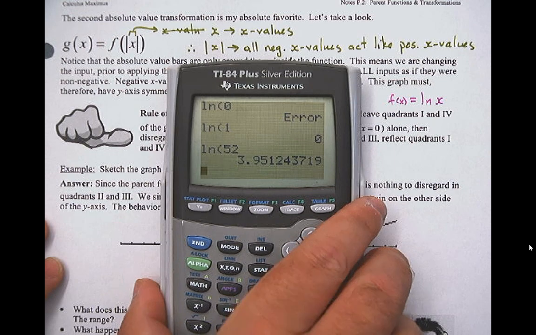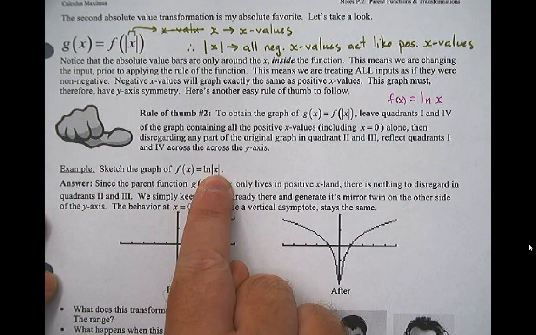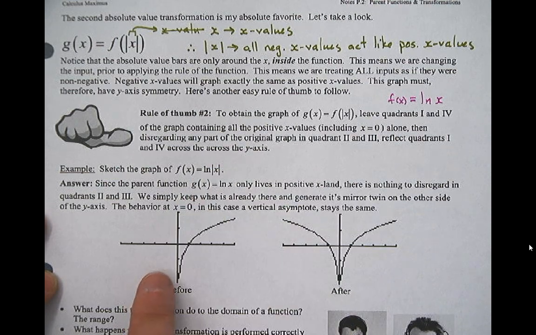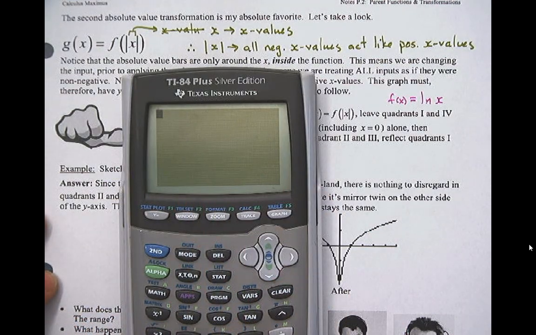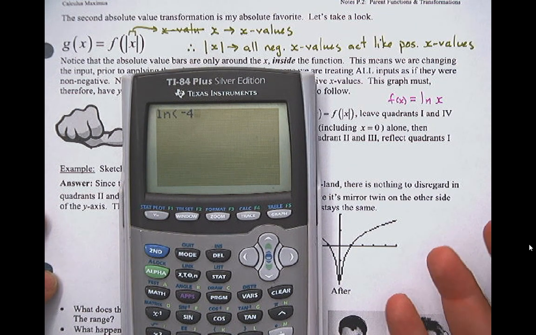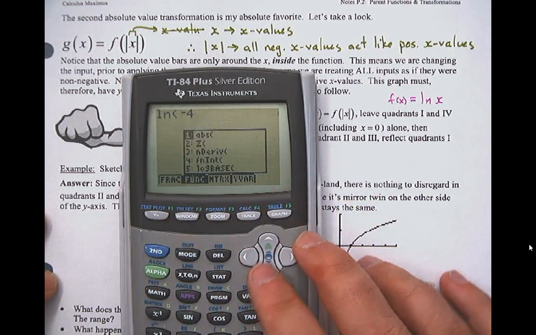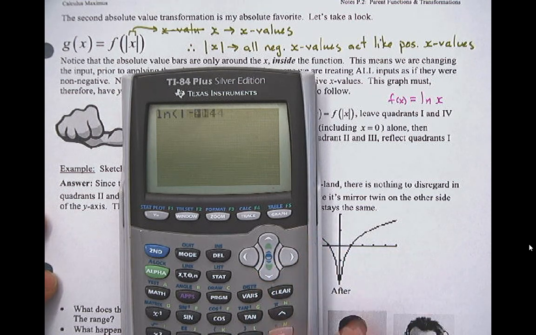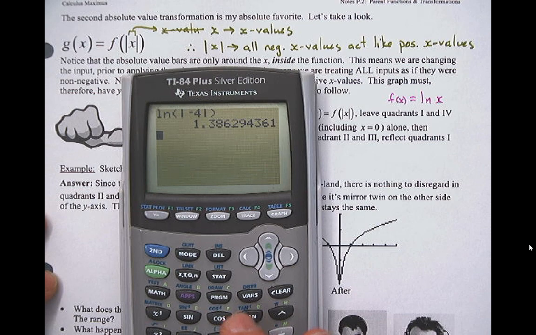So natural logs can only be of positives, but if we absolute value all of our x values, that means when we plug in natural log of -4, when I put absolute values around that -4, it's going to make that into a +4. So the natural log of absolute value of -4 is going to be the exact same thing as the natural log of 4.